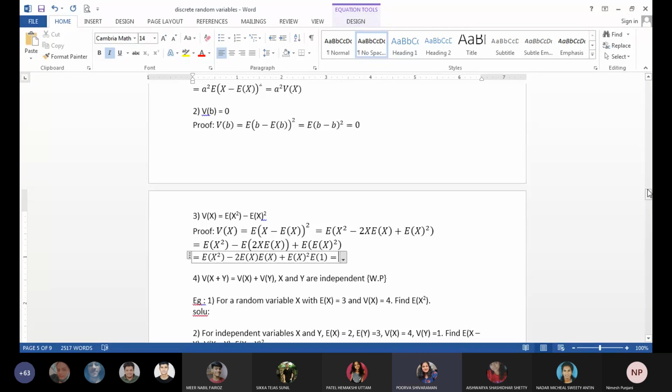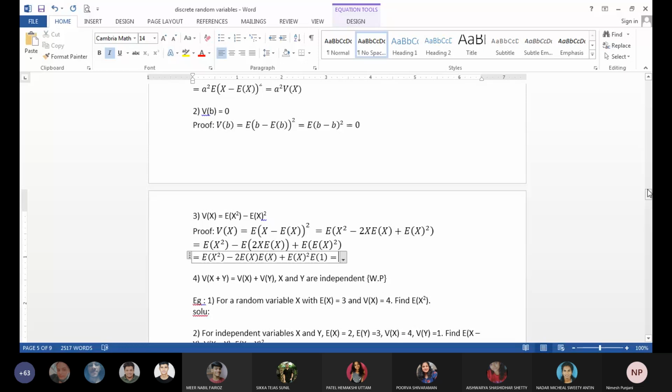Last one. Okay. See, the first term is expected value of x square, which we have already written. The second term is 2 times expected value of x into E x. Now E x is nothing but your expected value, which is a scalar.